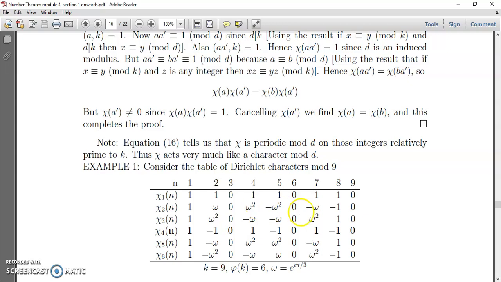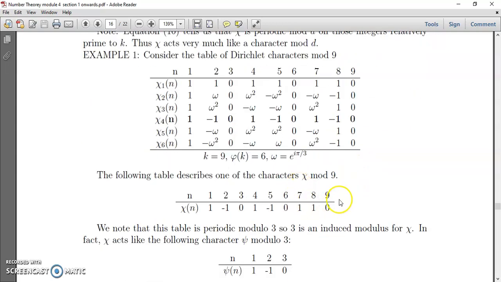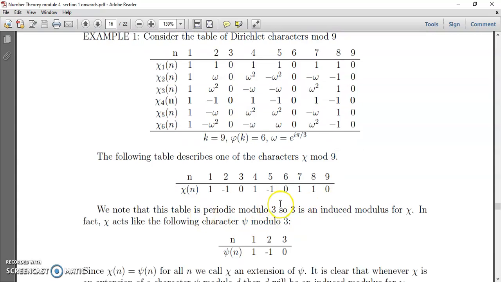Here 3 is a divisor of 9, and any number congruent to 1 mod 3 with GCD 1 has chi of A equal to 1. So 3 is an induced modulus for chi.